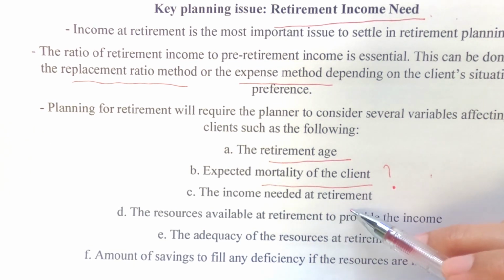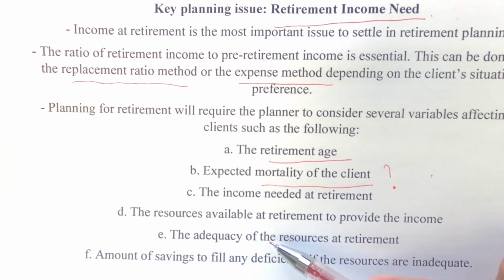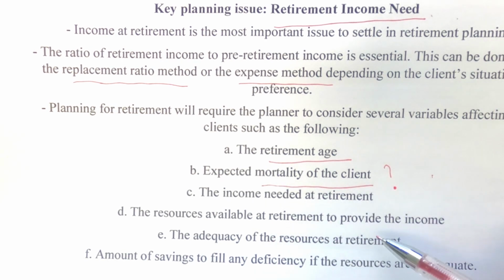Other variables are the income needed at retirement, the resources available at retirement to provide the income, the adequacy of the resources at retirement, as well as the amount of savings to fill any deficiency if the resources are inadequate.